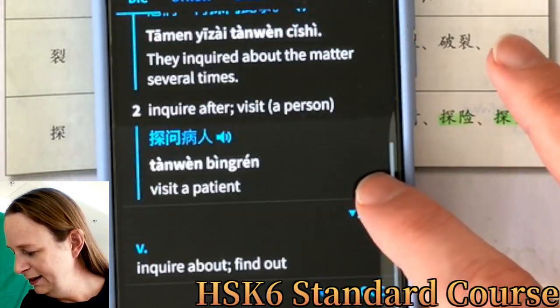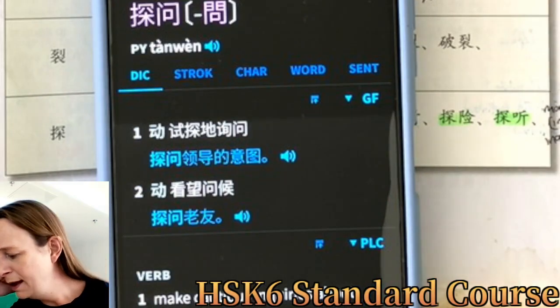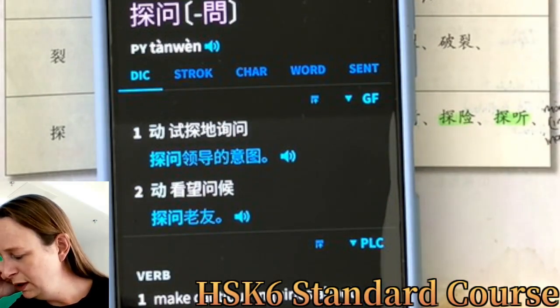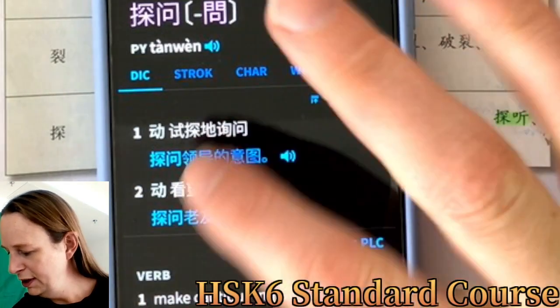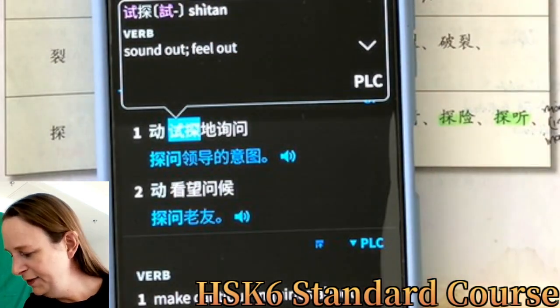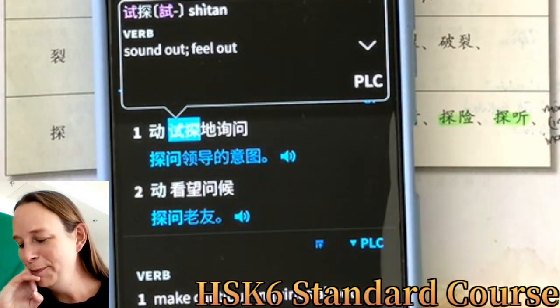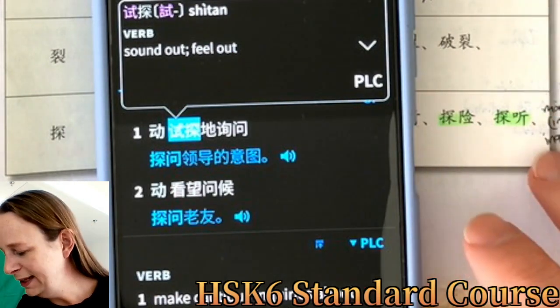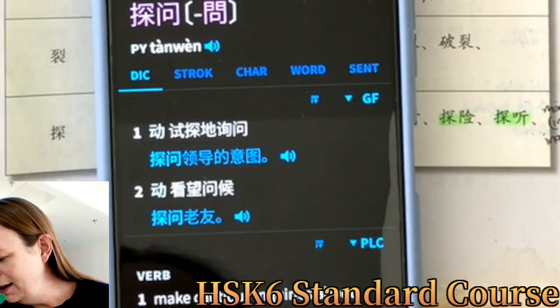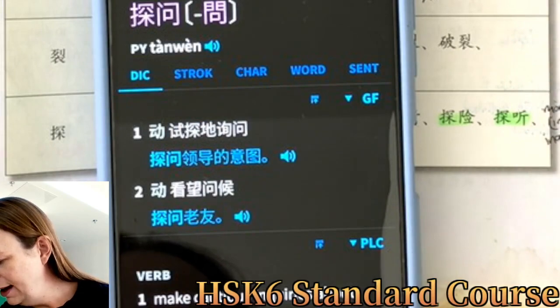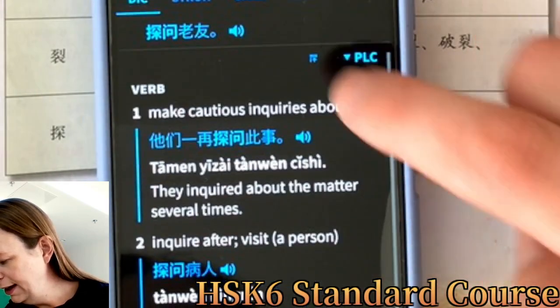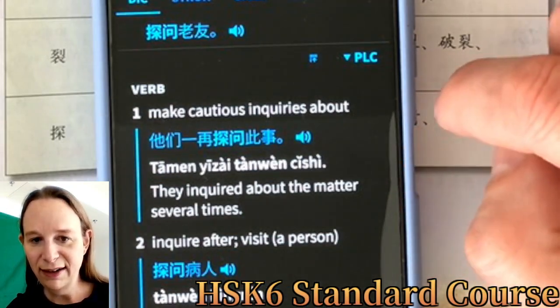And similar, 探问, 试探的询问, 试探. Found out, feel out. Okay, I kind of like this word. 看望问题. Okay, 试问, 领导的意图. Except it does involve asking questions, right?